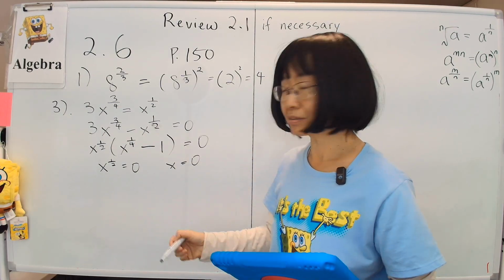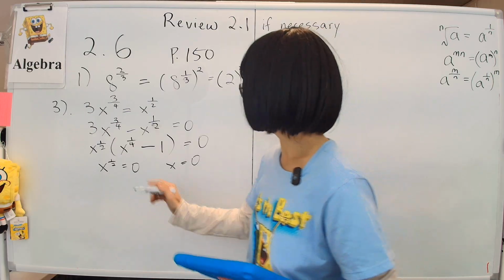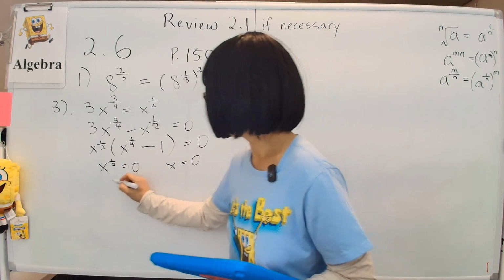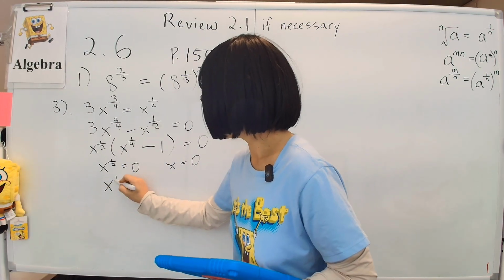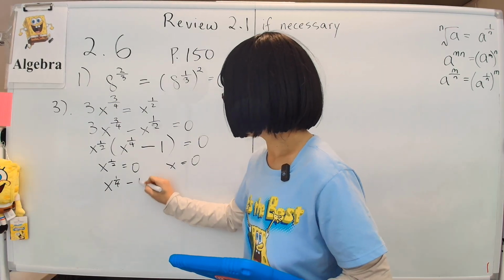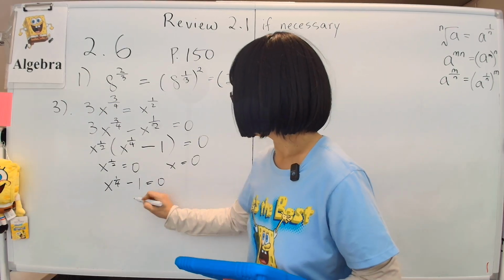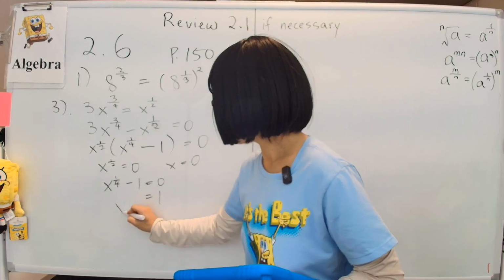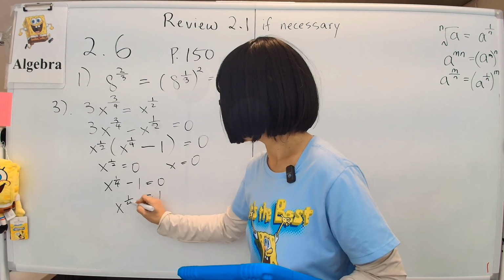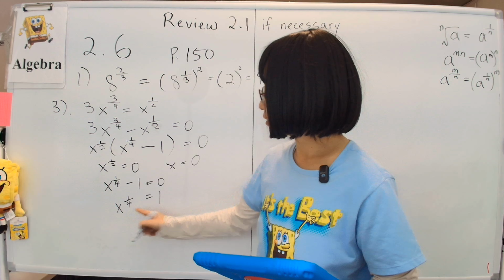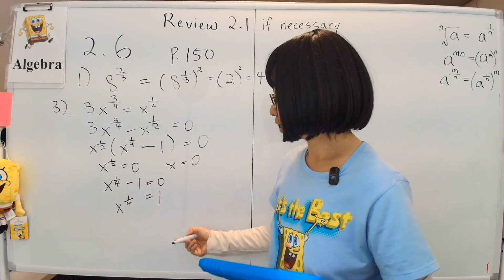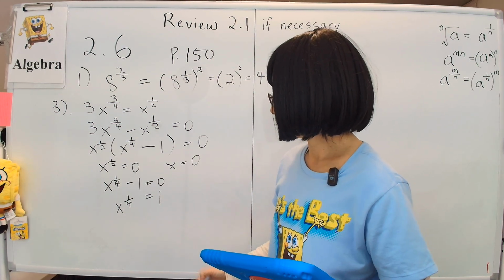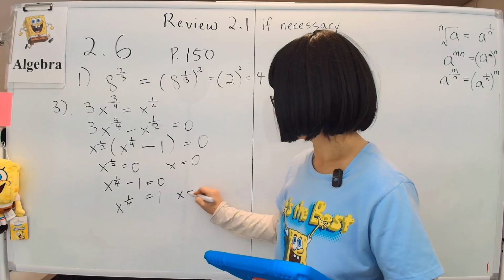I mean, if the square root of something is 0, that thing had better be 0, right? And the second solution is x to the 1/4 minus 1 is equal to 0. Then we'll push the 1 to the other side, becomes positive. So then x to the 1/4 is just equal to 1, and then what's x? x had better then equal 1.